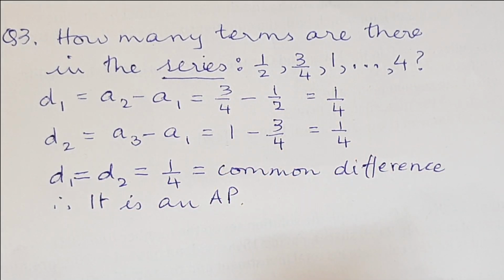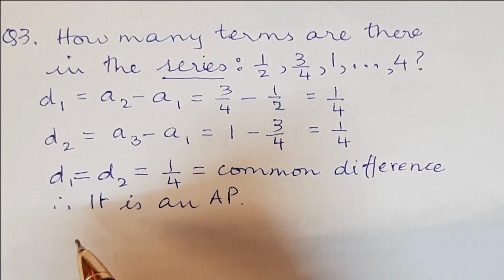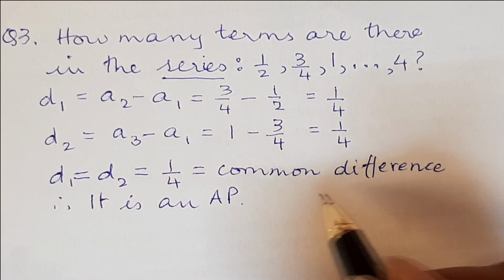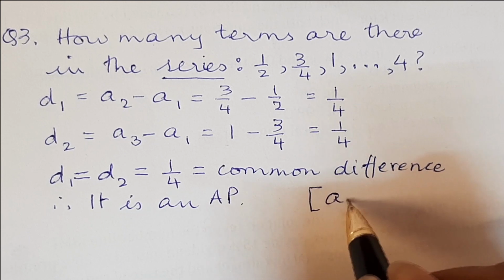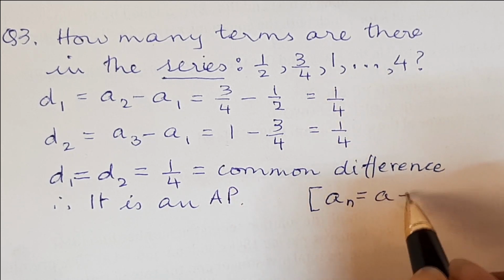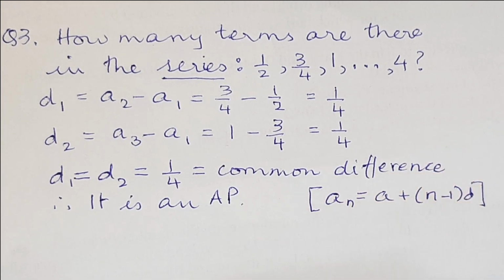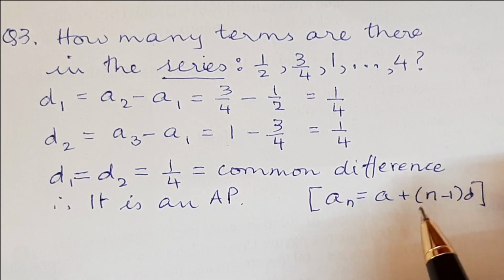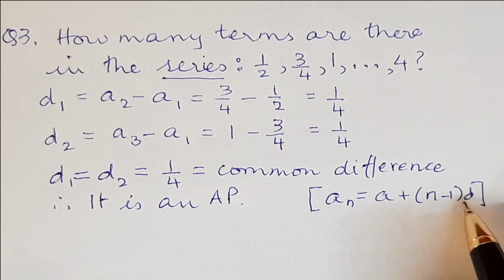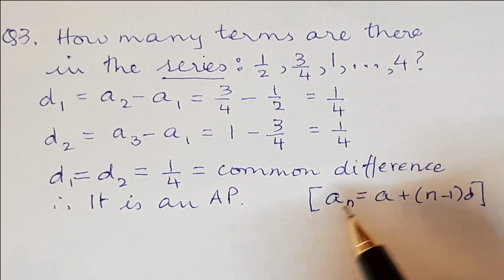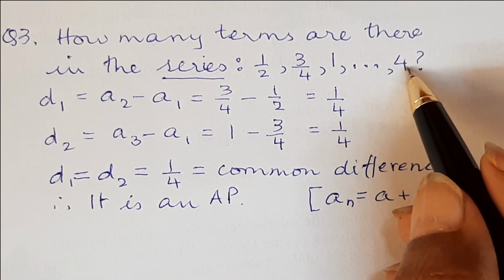Once we say this is an AP, our general term is going to be AN. Let us just write it over here. AN is equal to A plus N minus 1 into D. Do we know the value of A? Yes. Do we know the value of D? Yes. Now, AN, we will look at the last term.